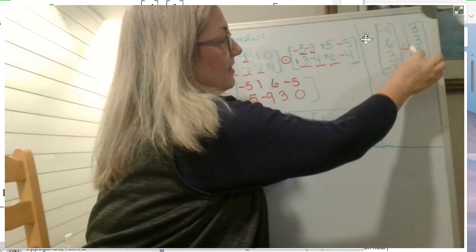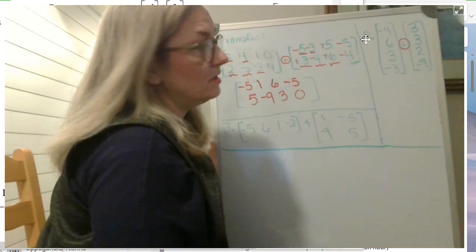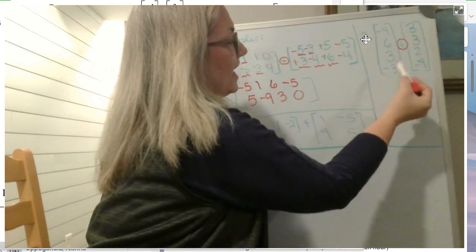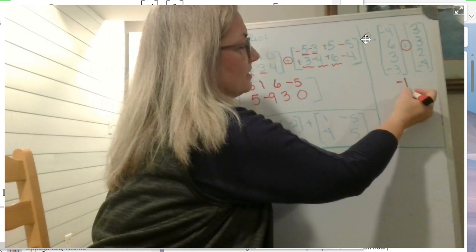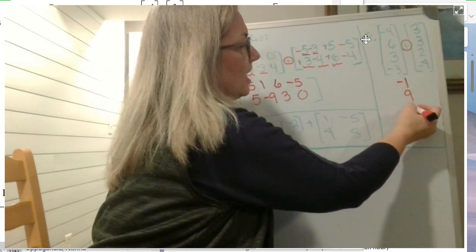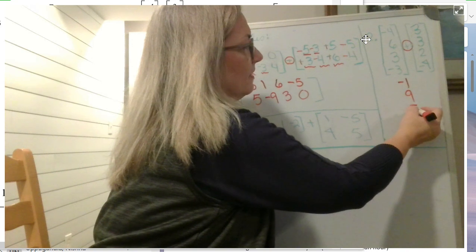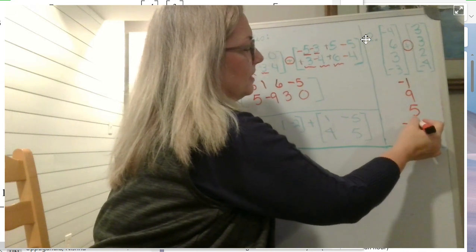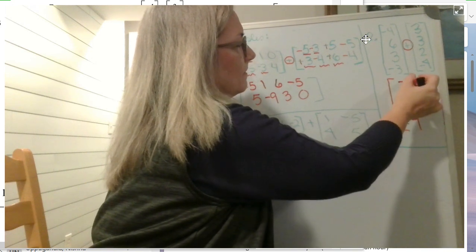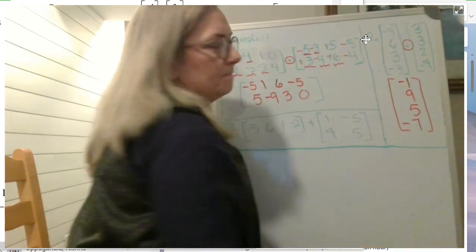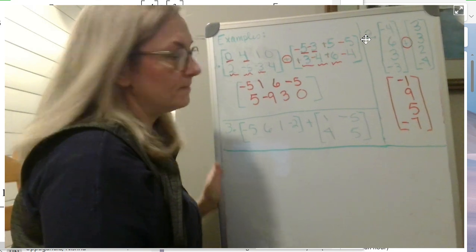So that is already an addition, and all I have to do is add. So -4 plus 3 is -1. 6 plus 3, 9. 3 plus 2, 5. -3 and -4 make -7. There's my answer, a column matrix.